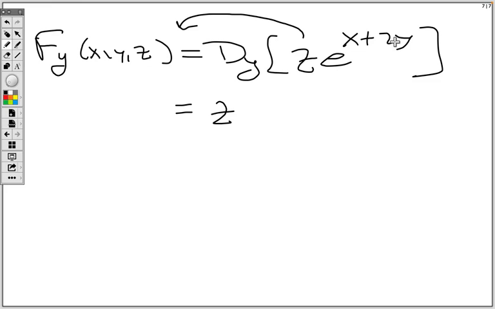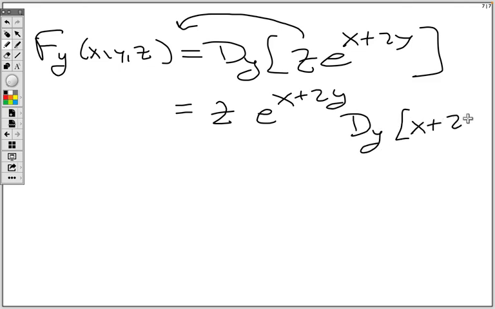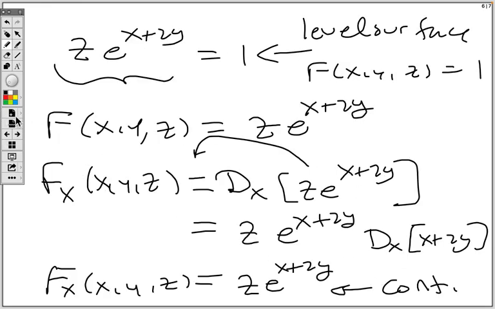Taking the derivative of e to the something, e to that thing, times the derivative with respect to y of that thing. And what's the derivative with respect to y of x plus 2y? Yep. So I'm going to get 2z e to the x plus 2y. And once again, this is continuous.